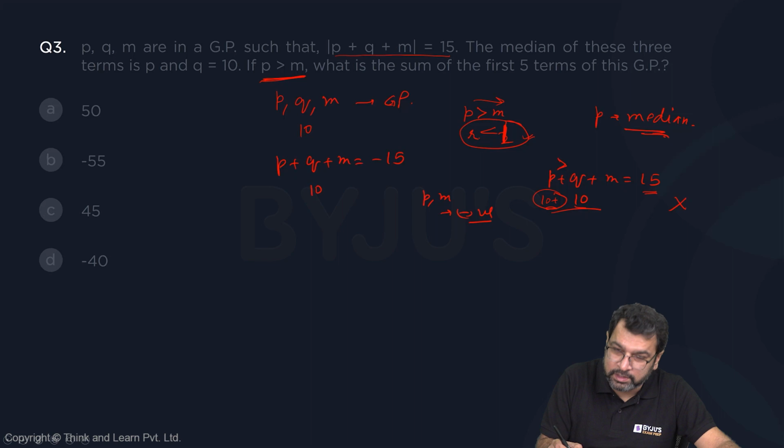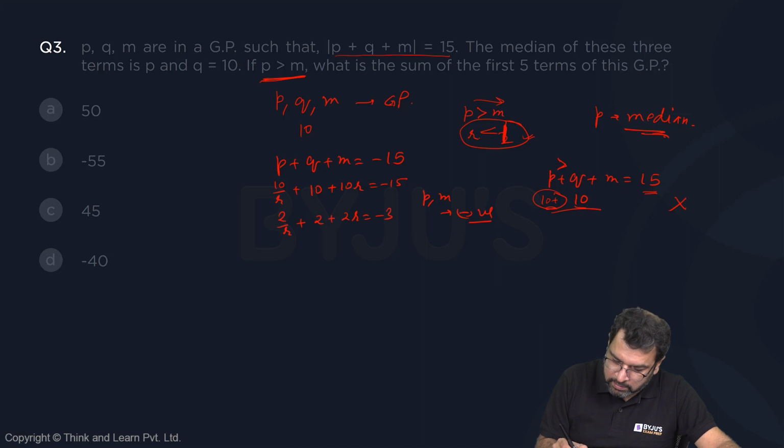Let's solve it. Let's say the common ratio is R. So let's assume if this is 10, this can be 10 upon R, and this could be 10R. So this plus this is equal to minus 15. Okay. 5 can be taken as common and cancelled out, so it will give you 2 upon R plus 2R is equal to minus 3.